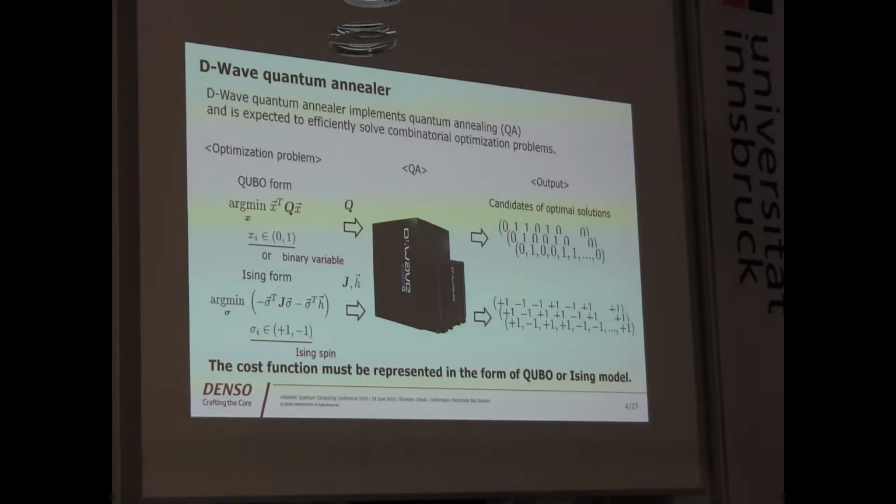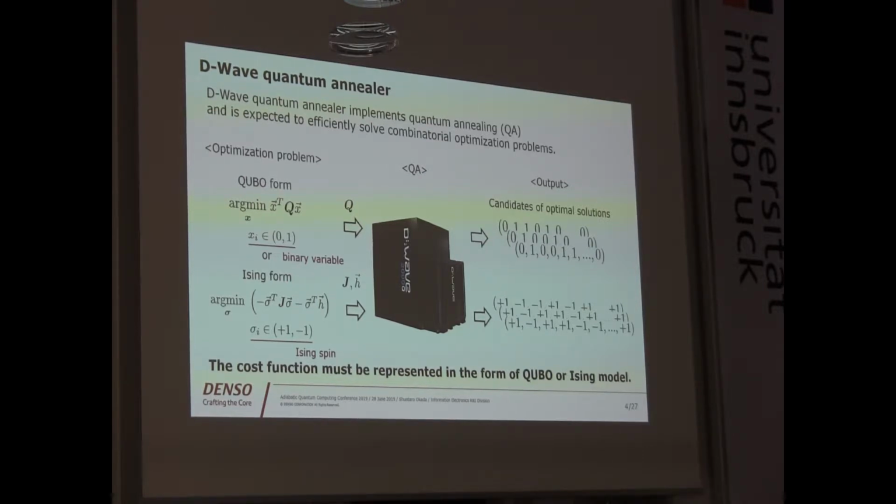The deep quantum annealer implements quantum annealing and is expected to efficiently solve combinatorial optimization problems. The quantum annealer can solve quadratic unconstrained binary optimization problems or the ground state search of an Ising model.